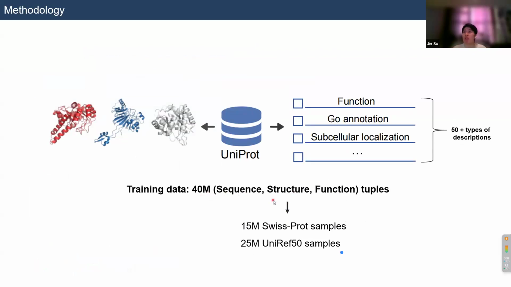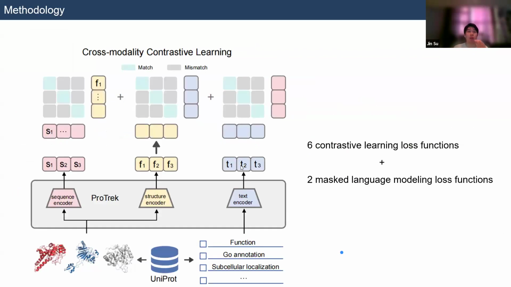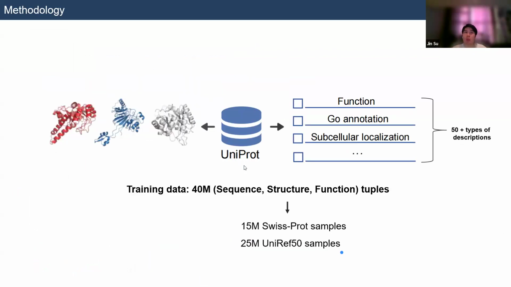If you want to know the number of tokens, I remember the average length of text is around 40 tokens. We have 40 million tuples, and the average text length is 40 tokens. So maybe you can just multiply them: 40 million times 40.